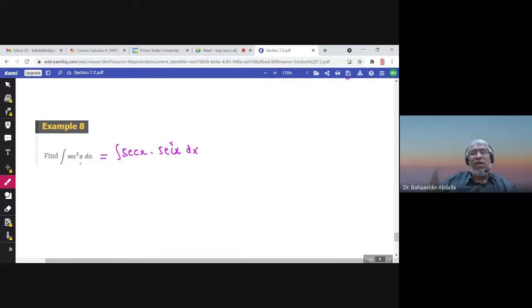The power of secant here is 3, so it doesn't follow the strategy. So what to do? In fact, we use integration by parts. I take u to be secant x, and then du would be secant tan, the derivative of secant.